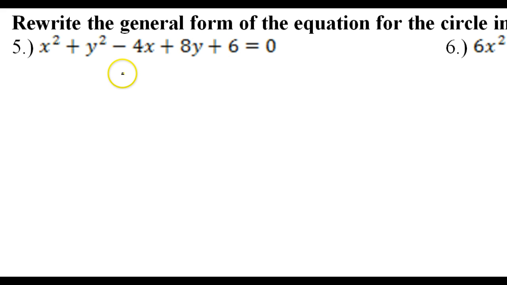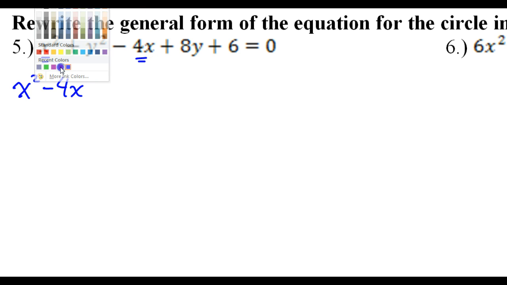The bottom line is we are going to be completing the square. You should start by collecting your terms that go together. So I have x squared and 4x, those go together. So let's rewrite them side by side. That'll be x squared minus 4x. Now leave a space, and then we're going to do the y's.